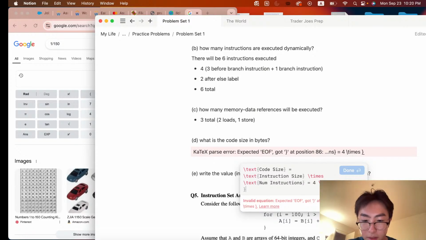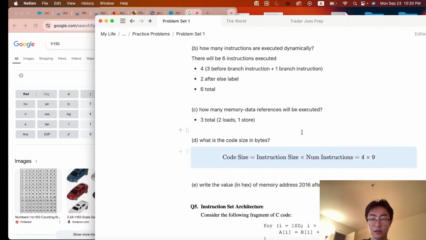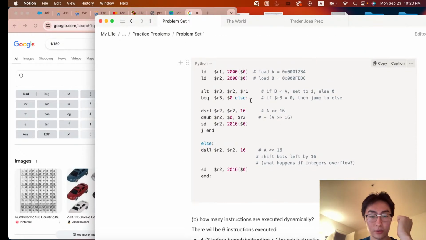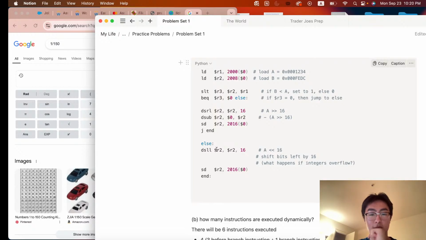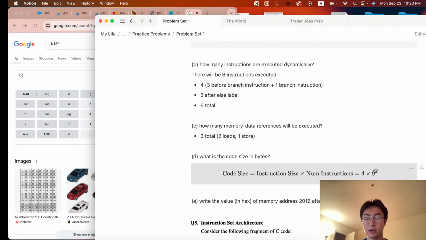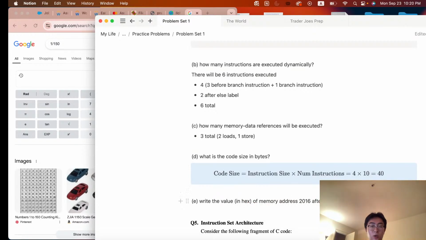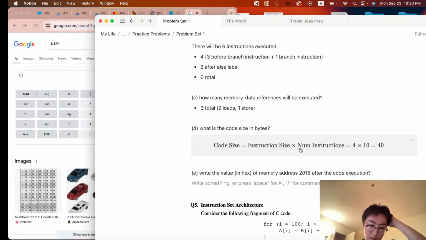All right, I'm getting some errors here. Okay, 4 times 9, right? 1, 2, this is 4, 5. Wait. 1, 2, 3, 4, 5, 6, 7, 8, 9, 10. So it's actually 10, which is equal to 40. Let's go. All right, value in hex. So this one actually might be kind of hard.